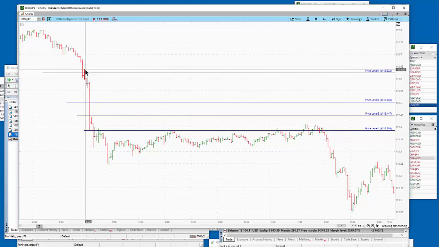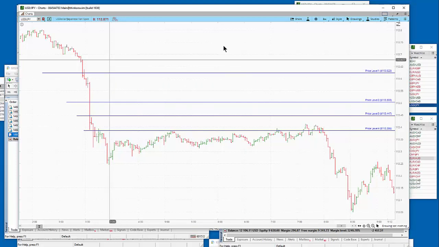So that's 1.5 pips. Theoretically, that would have been enough that we could have put a 1 pip stop on that trade, right? Kept it from going ugly.